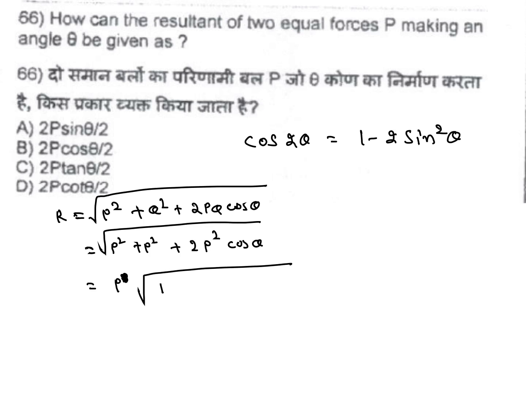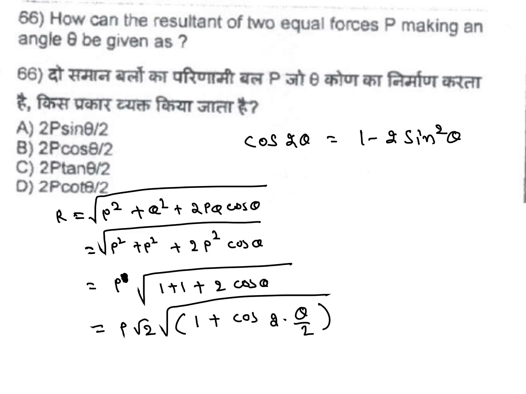Then here 2 plus 2 cos theta, so you take 2 common, 2 into 1 plus cos theta, whole root over. Here you apply, if it is cos 2 theta by 2, you take theta as theta by 2, then 1 minus 2 sin square theta by 2.